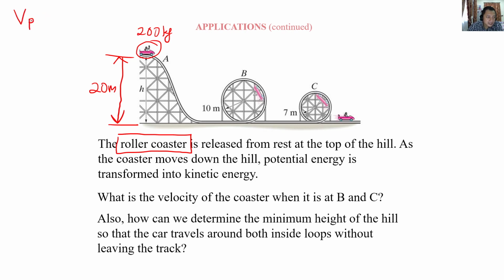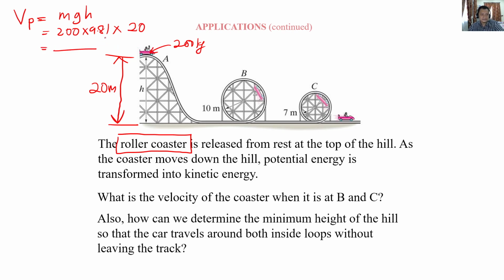V potential is equivalent to mgh, so 200 times 9.81 times the height. The height is 20 meters. So the energy that this thing has is a lot: 200 times 20 times 9.81.